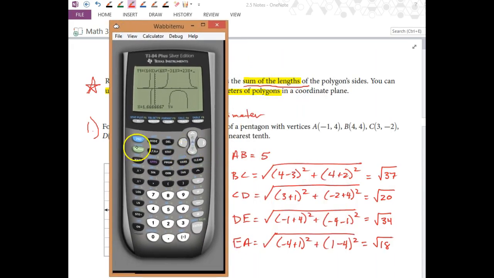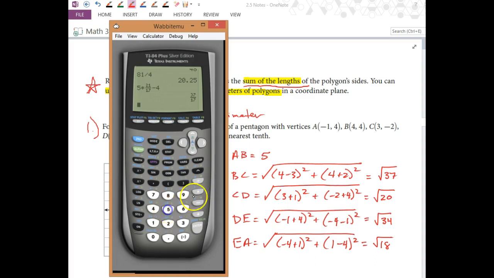What are we rounding to? Let's round to 3. I'm going to type in the exact lengths that I found, and then I'll round at the very end. If you start rounding initially, you're going to get further and further away from the exact answer. So you always want to type in exact values if you have them.